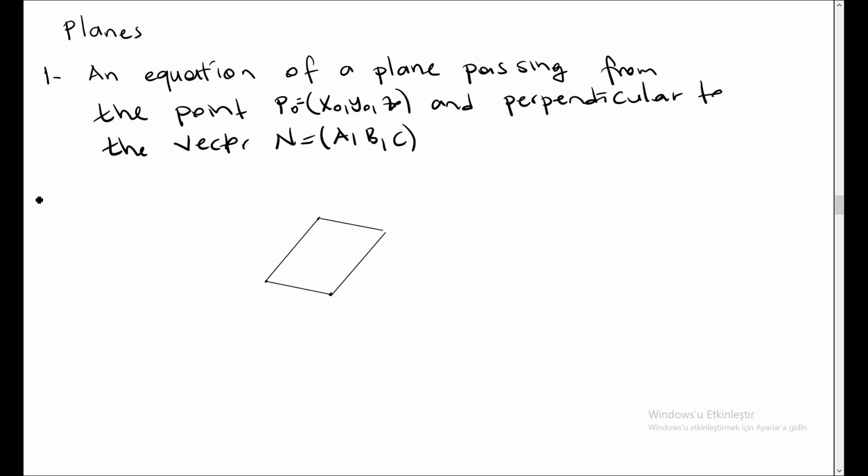It is passing through this point, let's say this point is P sub 0. And then you have this perpendicular line here. So this one is n, n is (a, b, c).